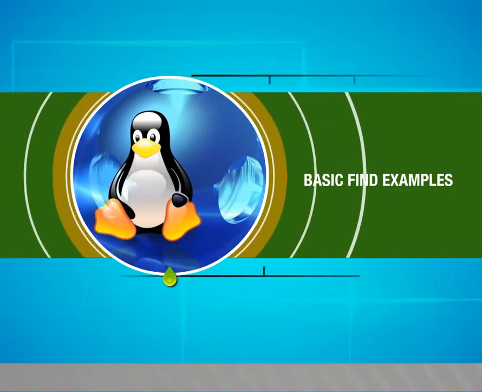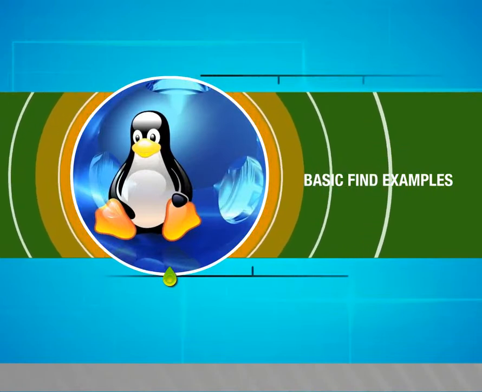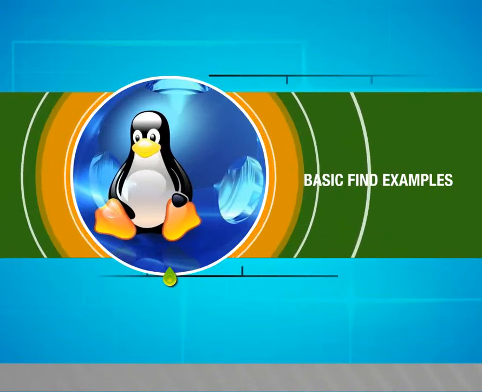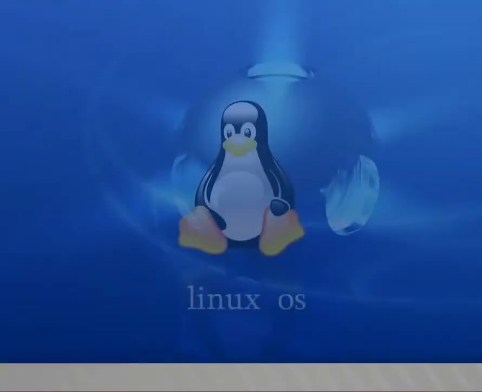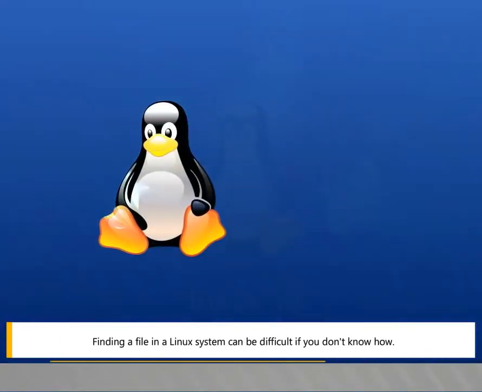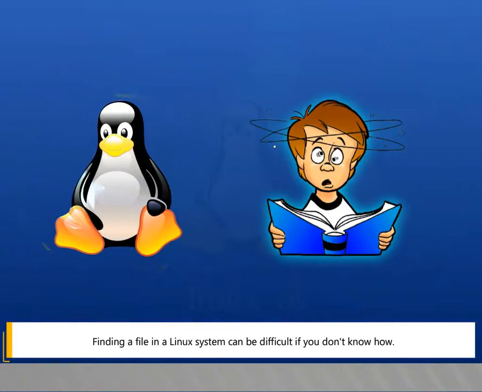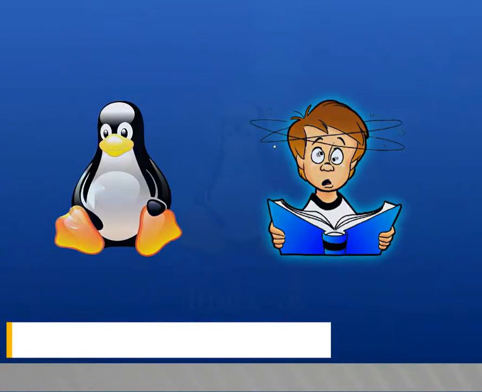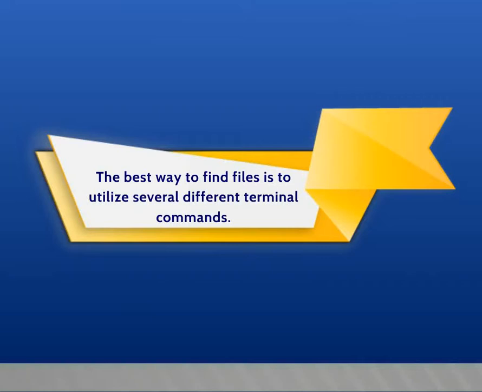Basic find examples. In this video, we are going to see about basic find examples. Finding a file in a Linux system can be difficult if you don't know how. The best way to find files is to utilize several different terminal commands.